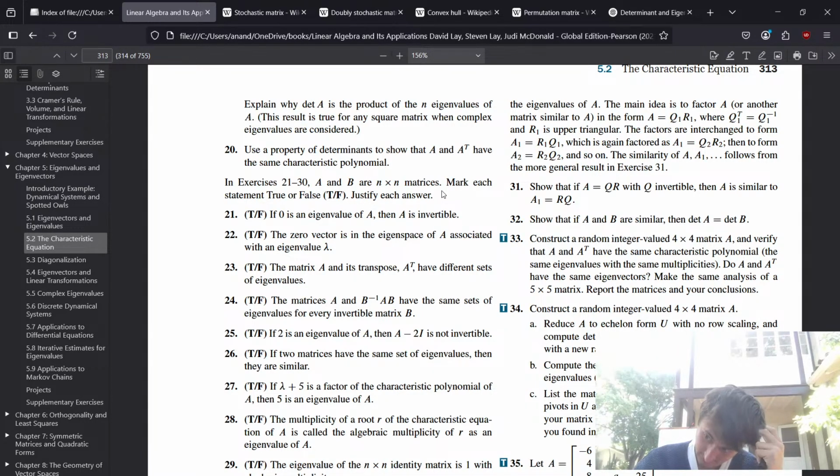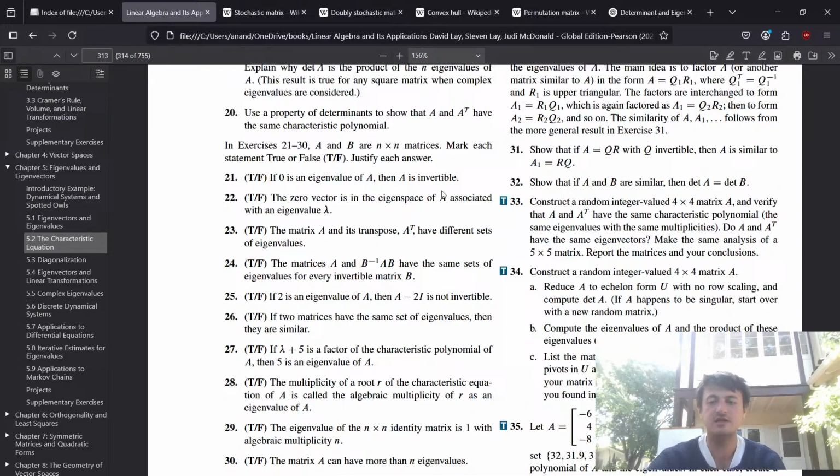Then we get det P inverse times det A times det P is equal to det B. Since determinants are just multiplication on the reals, they commute, so det P and det P inverse cancel out, and you get det A is equal to det B.